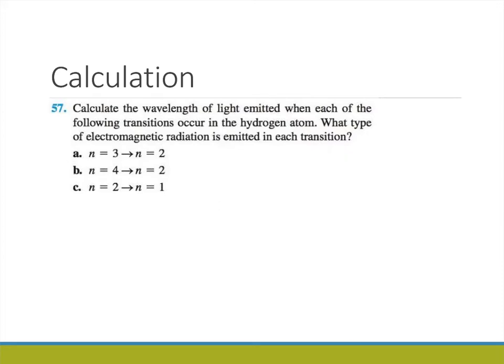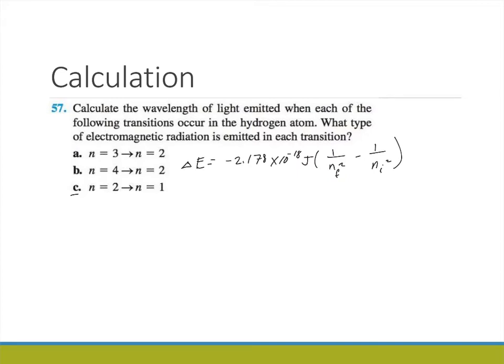Let's do for C, n equals 2 to n equals 1. So delta E is equal to negative 2.178 times 10 to the negative 18th joules times 1 over n final squared minus 1 over n initial squared.